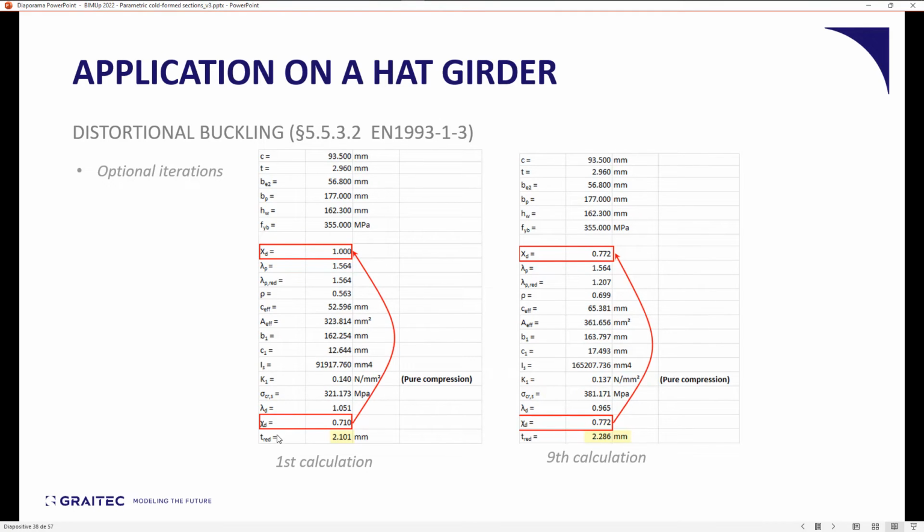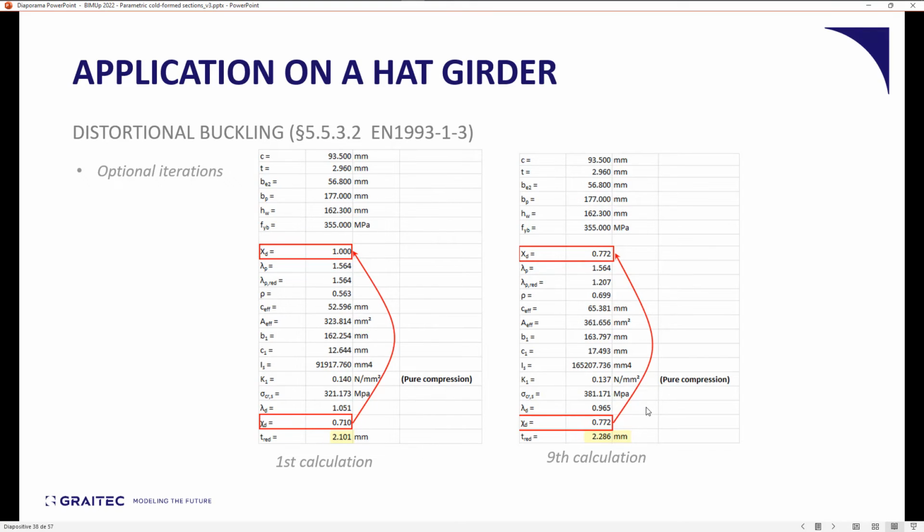You get a new thickness, a new reduction factor that you inject at the beginning, and you perform iterations until the reduction factor stays the same. Here it took me about 9 iterations, and that way I could go from a 2.1 reduced thickness up to a 2.3 thickness. So I limited the thickness reduction with these iterations.